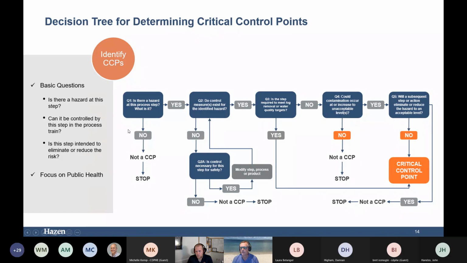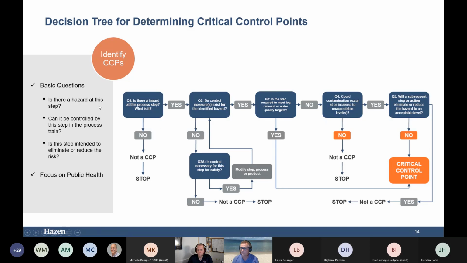So if we walk through our process, it helps us get there. Is there a hazard here? Yes, there is. Have we got control measures at this point in the process? Yes, we do. Is this step required to meet either log removal, so microbial reduction, or water quality targets from a chemical standpoint? Yes, it is. Then it's a critical control point.